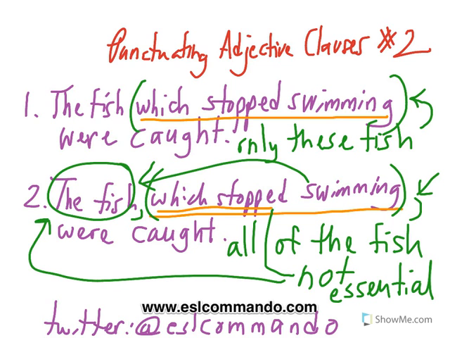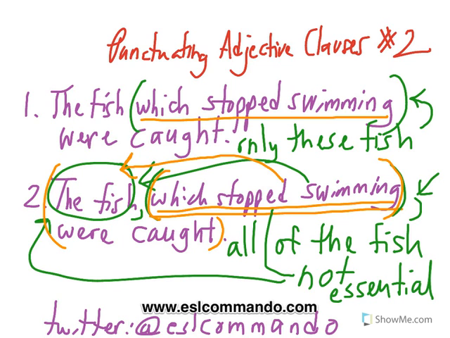So this adjective clause could be taken out and we could still get the same meaning: the fish were caught. So what commas do many times is they tell us that all of this thing that comes before the clause is being described by this clause.